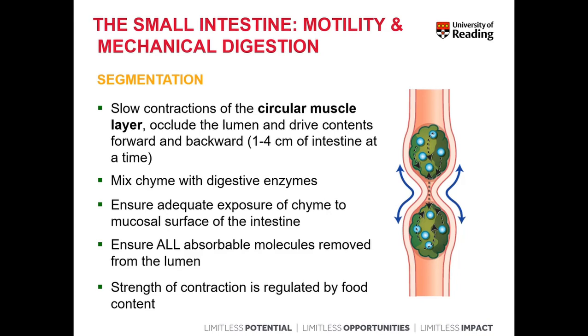The advantage is that segmentation increases the surface to volume ratio. By increasing the available surface for the digestive enzymes, they act more efficiently, more effectively, and faster. The strength of the contraction is regulated by the food content and by the food amount.